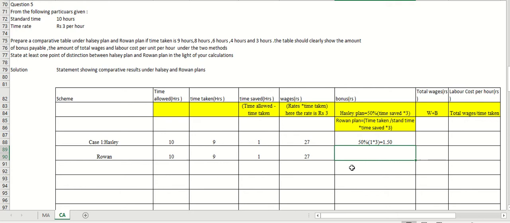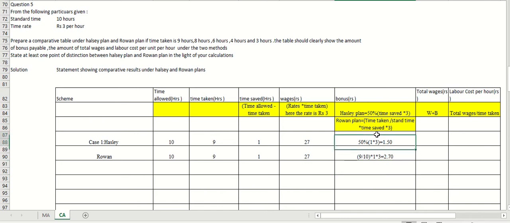Under Rowan method, the calculation is time taken divided by standard time into time saved into 3. So time taken is 9 divided by standard time, which is 10, into your time saved, which is 1, into ₹3, which you will get the amount to be 2.70.